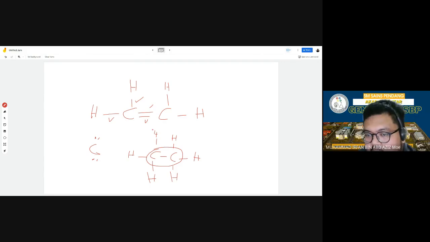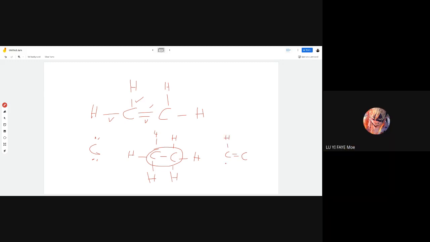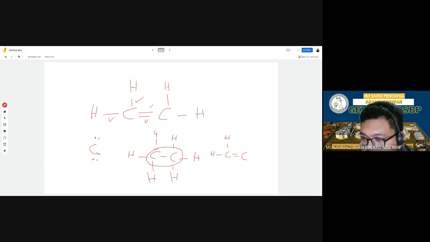So it depends on the number of hydrogens. Kalau this hydrogen, for example, you only have 6, so it is a single bond lah. Kalau you have only 4 macam kat atas ni, 4 hydrogen, and then the position hydrogen ni pun will affect the names of the carbon compound ni juga.